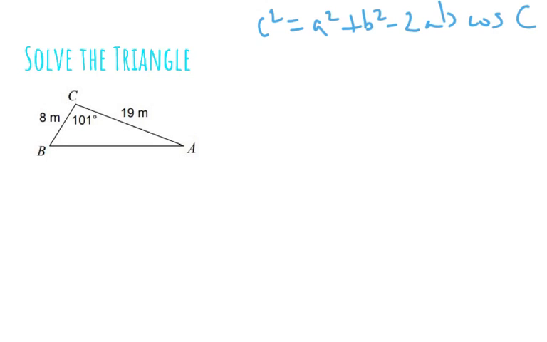Alright, now that I have my formula written, I'm going to fill in all of the values that I know. Do I know what C squared is, or side C? No, I do not. So I'm going to leave that as C squared equals A squared.